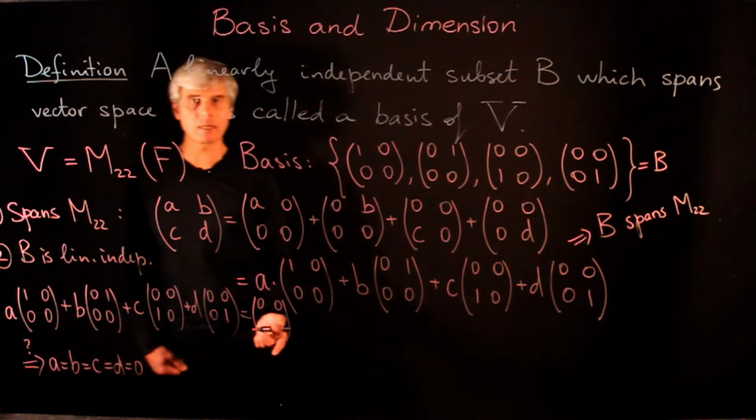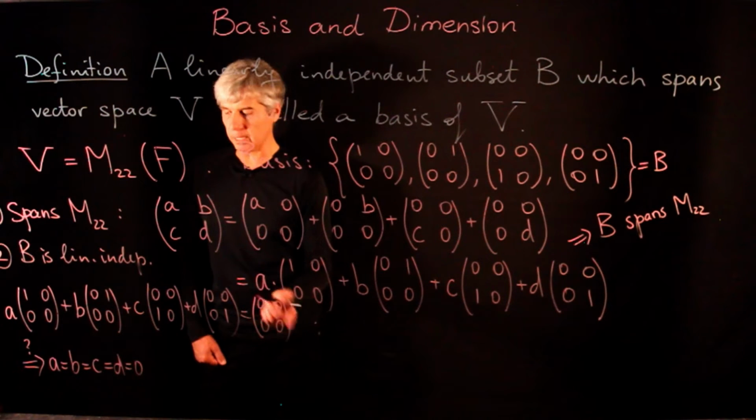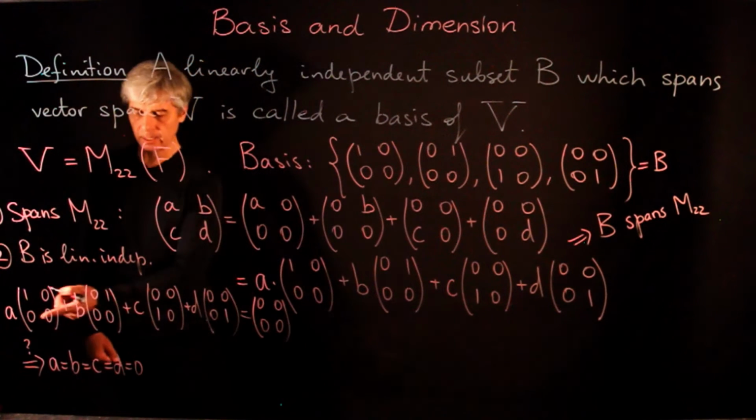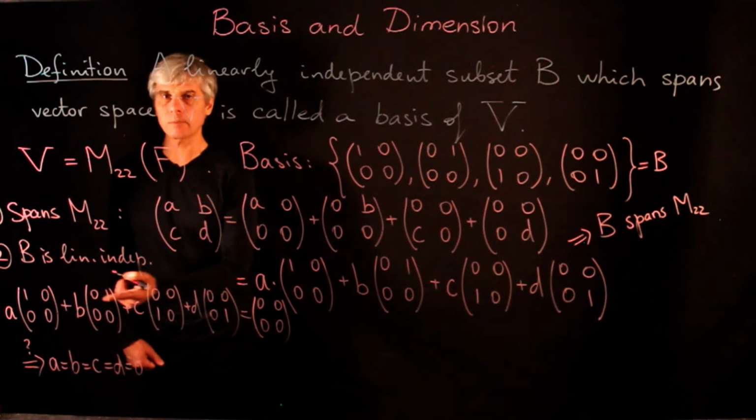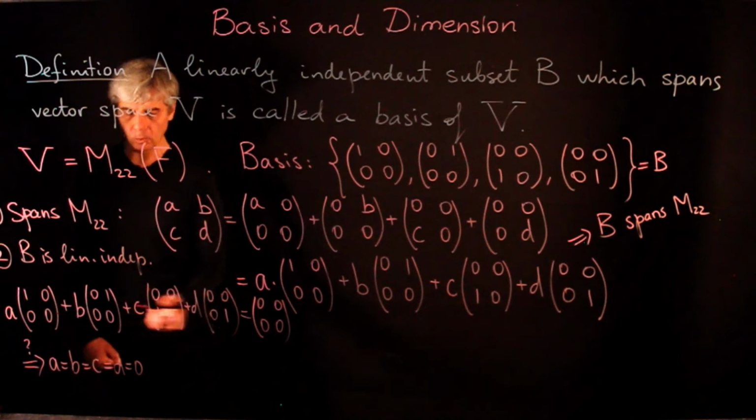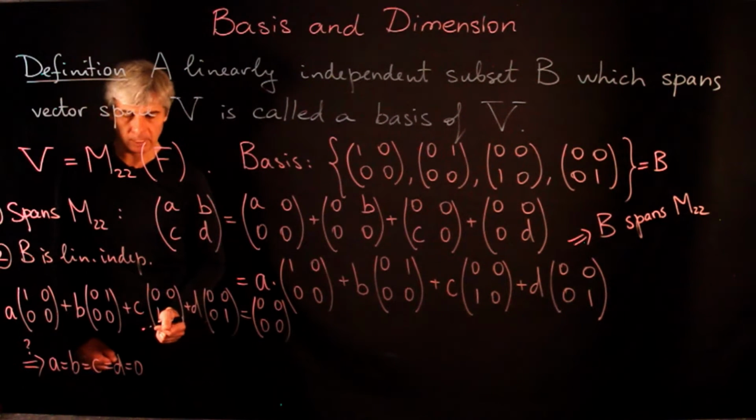This is exactly what linear independence means. If a linear combination is equal to a 0 vector, then this linear combination is trivial, so all coefficients are equal to 0.